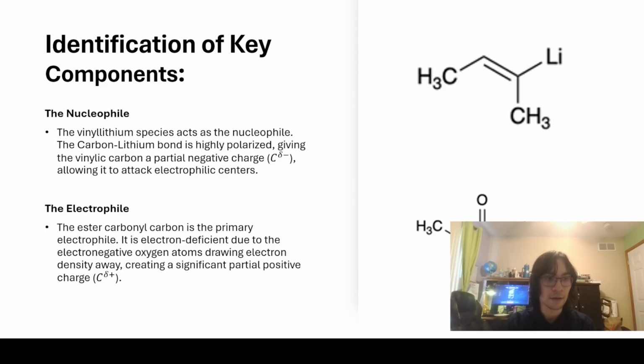On the other hand, the alpha-beta unsaturated ester is a very electrophilic site because of its carbonyl carbon, which has both inductive and resonance effects that come from the oxygen atoms. Because of this, the carbonyl carbon is the primary site of attack.